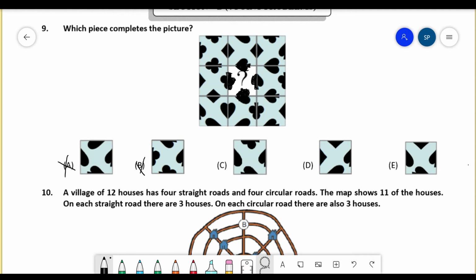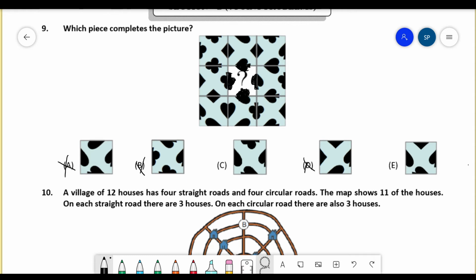C. In C, there should be 1 edge with the half of a clover, 2 edges with the half of a spade, and 1 edge with the half of a heart, which could make it correct, but we need to check the others just to be sure. D. They have 2 edges with the half of diamonds, which there shouldn't be because in this tile there shouldn't be any diamond.